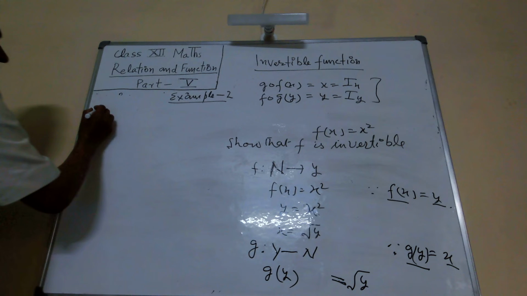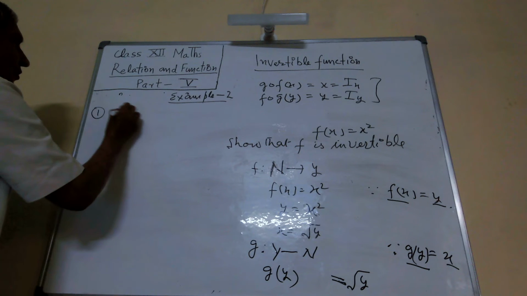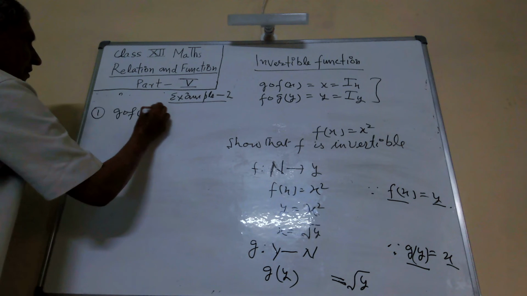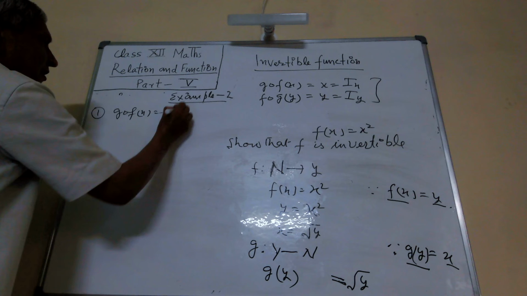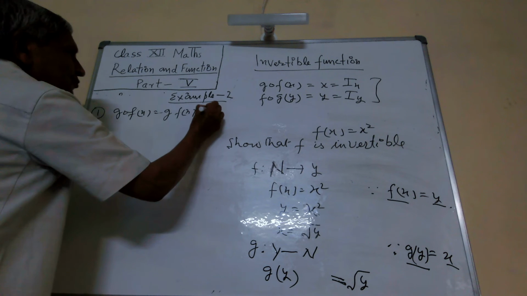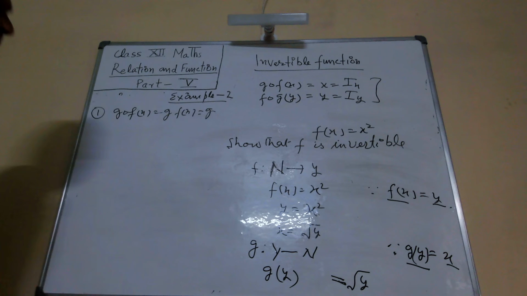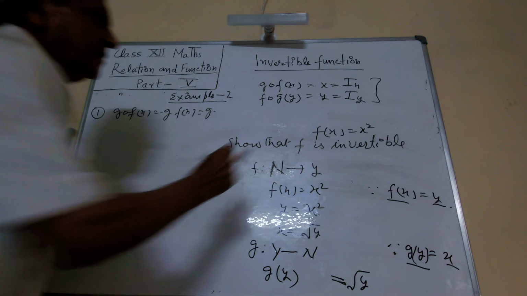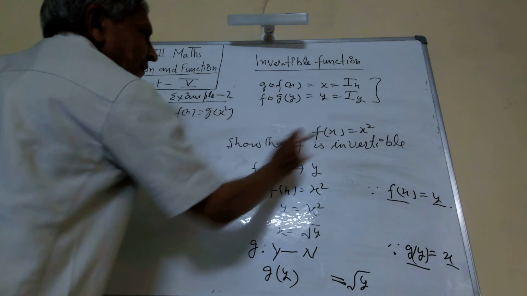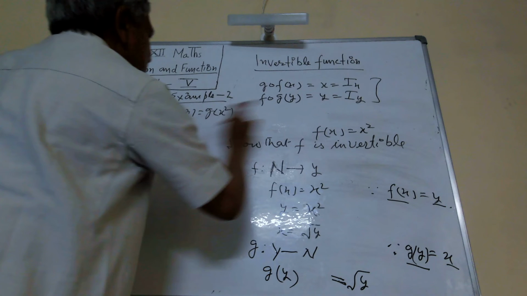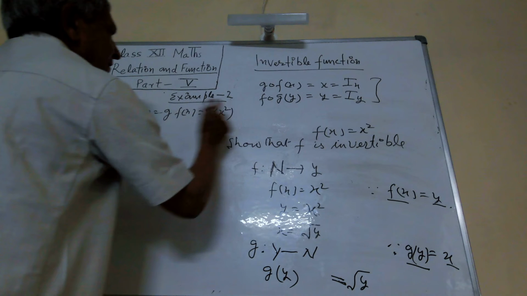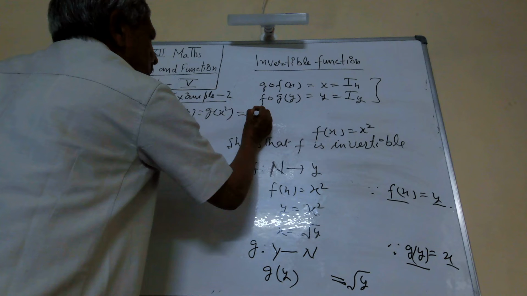Here, first condition, g o f x is equal to g f x is equal to g. What is the value of f x? Is equal to x square. What is the value of f x? x square. Here, this is equal to g y.